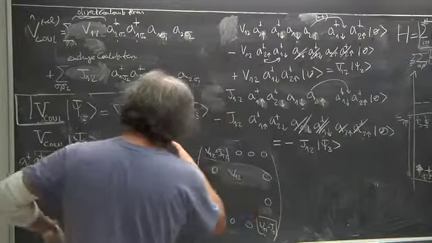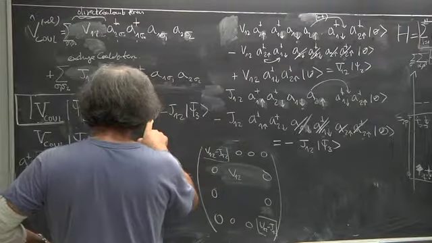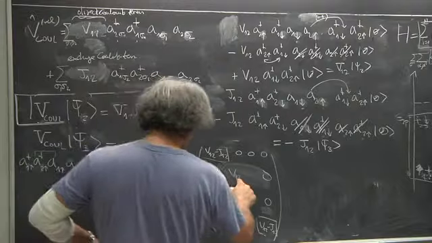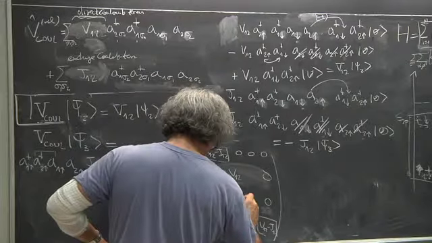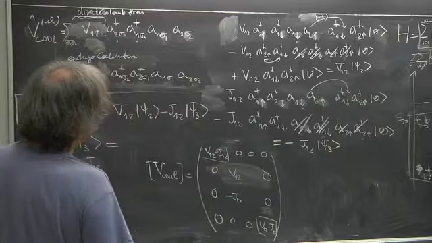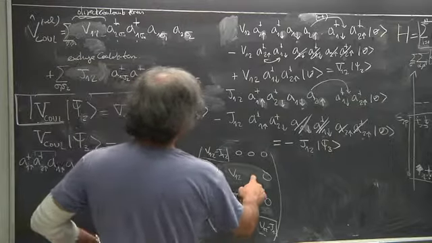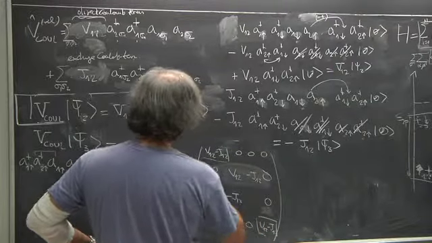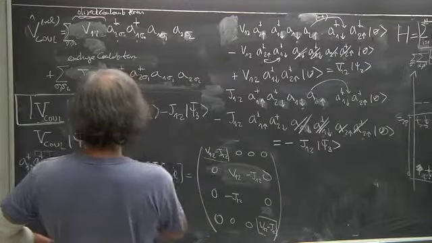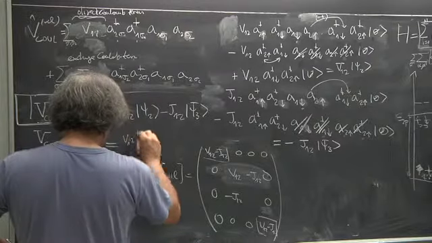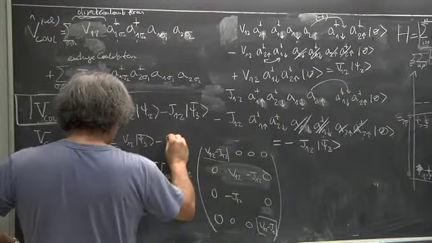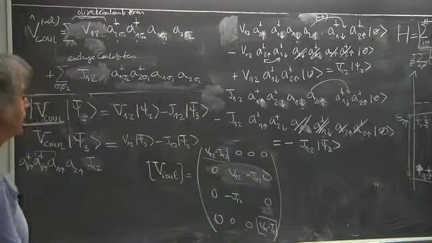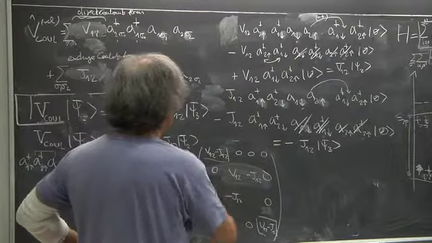In some sense, what I have already determined is the fact that this is V12 and this is J12, right? And you will realize that by necessity, here you must have minus J12 because this operator is Hermitian. And you can verify that indeed you have here V12 psi3 minus J12 psi2. I don't do the algebra explicitly, but it's very, very analogous to this.